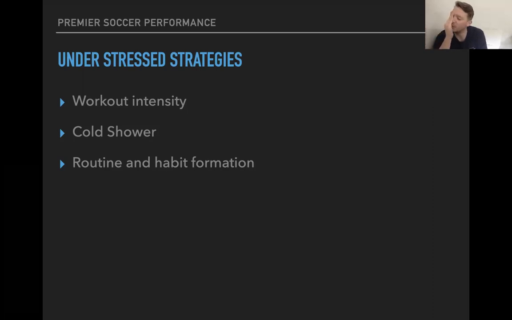There's a researcher, a guy named Wim Hof, and he has this colloquial name on the internet, he's called the Iceman. He's known for these super impressive feats of human stress tolerance in icy conditions. This is a guy that goes and sits out and meditates in the mountains for hours with no shirt on, right?